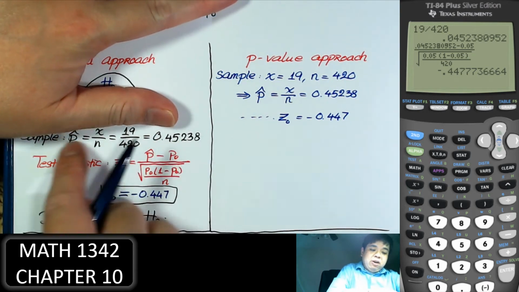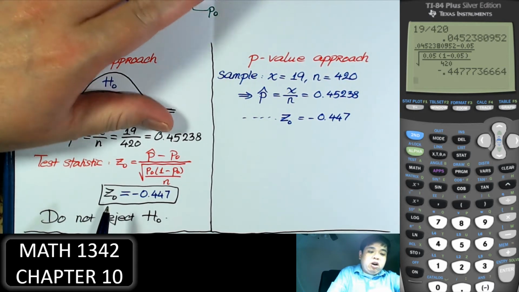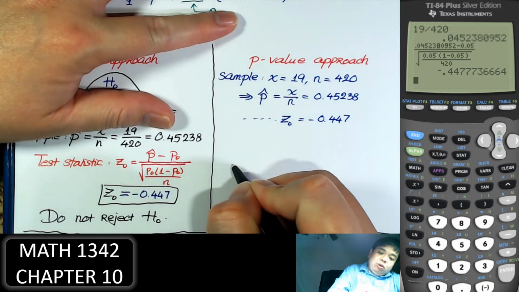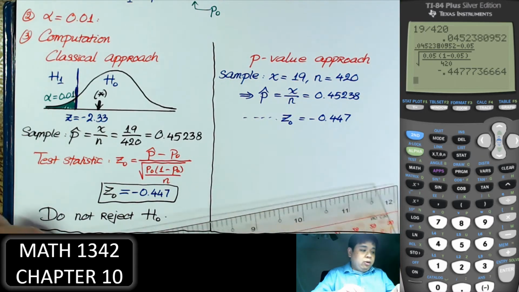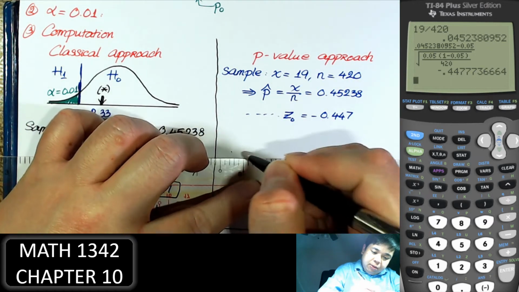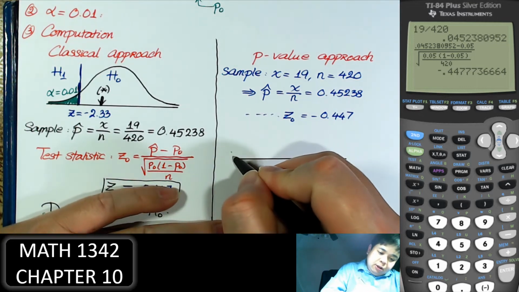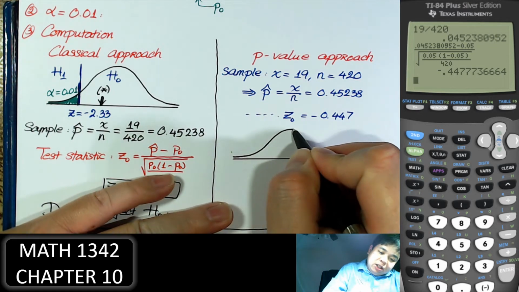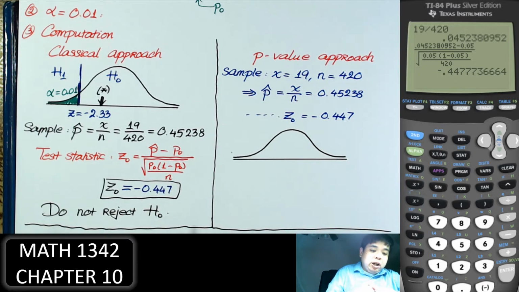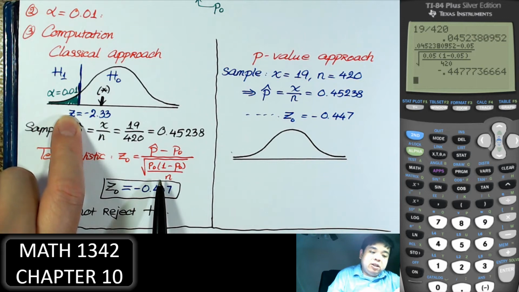Whatever comes from the sample is independent of what alpha is given, so we do not have the graph. We do know the z here though. We always calculate the z naught. For the classical approach, we compare the z naught to the inverse norm we get from alpha.